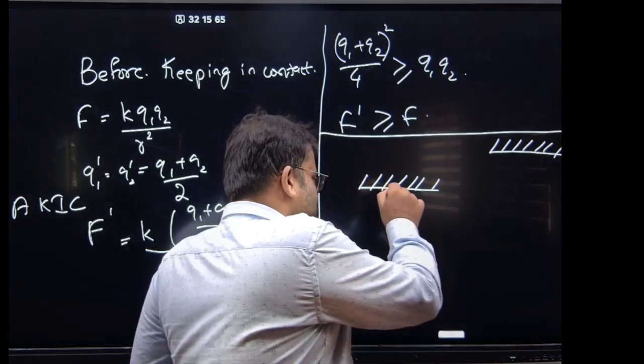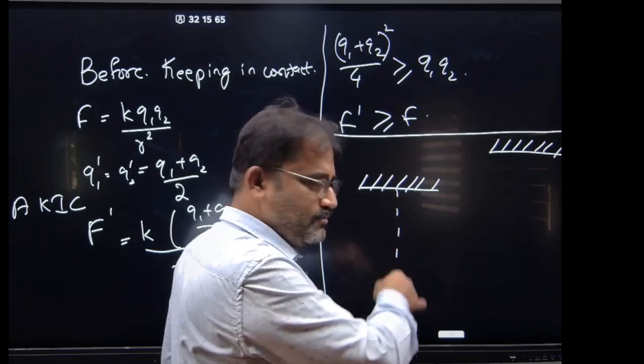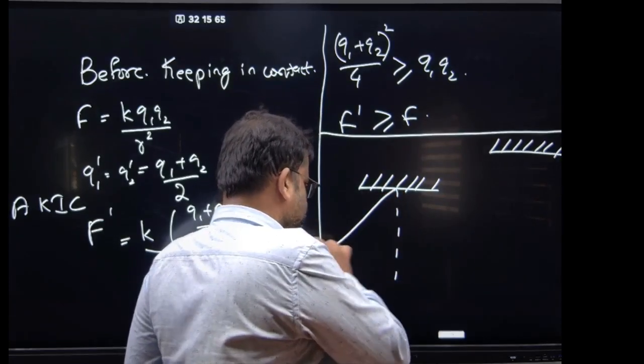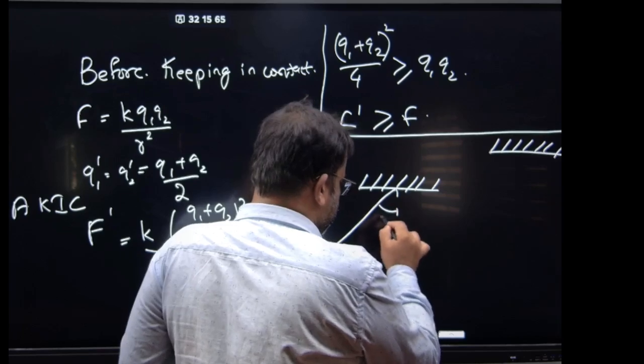Very good. So let me take a mean position, vertical. Now here we can say the pendulum lies like this. So this we can say is θ1.